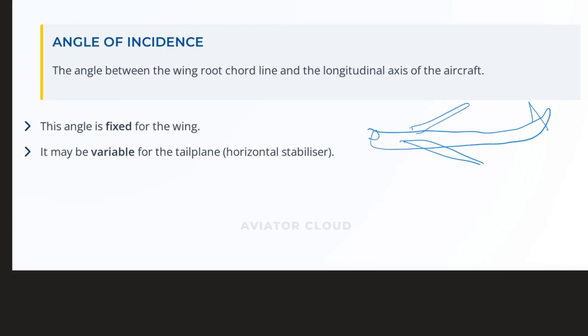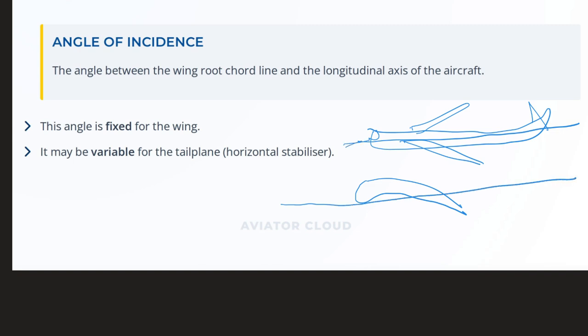Now the wing of the aeroplane, if I draw a little bit more, I mean the cross section of the wing like this, and this is the longitudinal axis of the aeroplane. The longitudinal axis goes like this, along the longitude of the aeroplane.